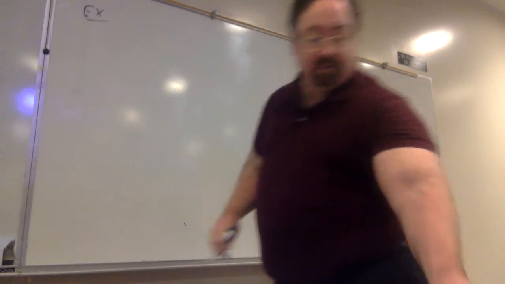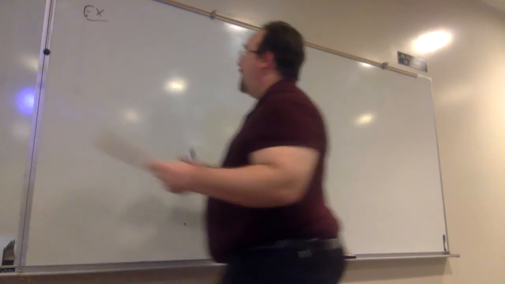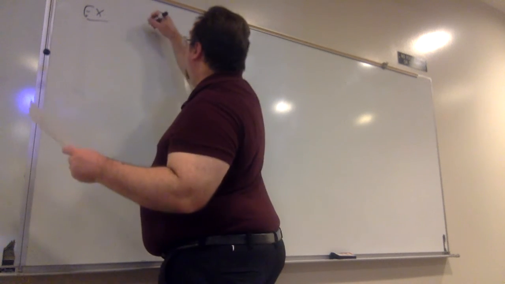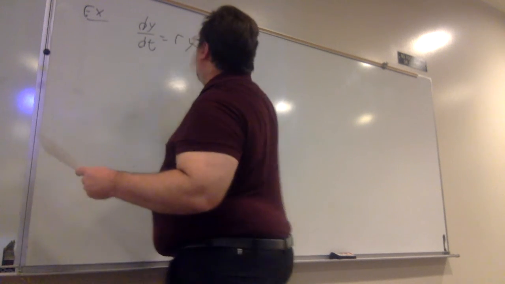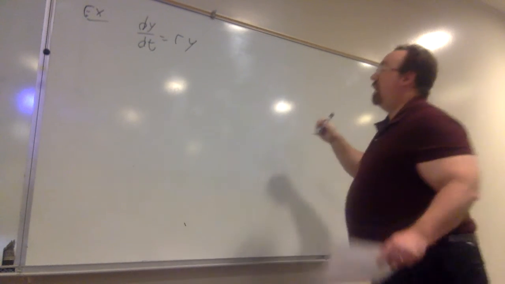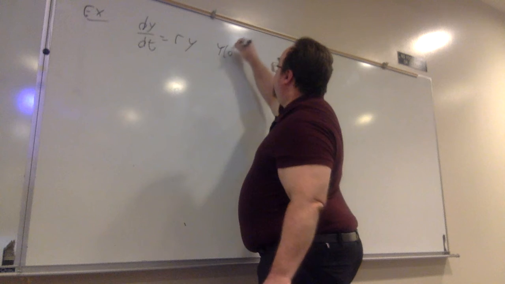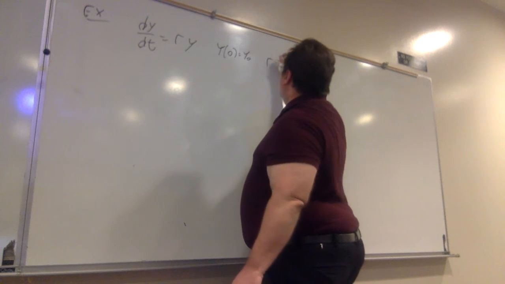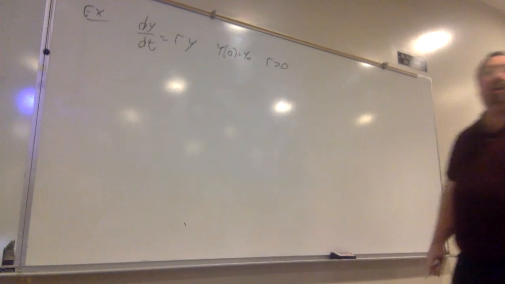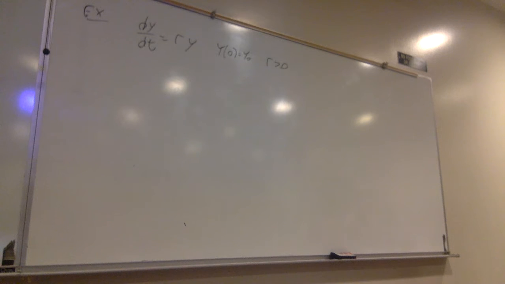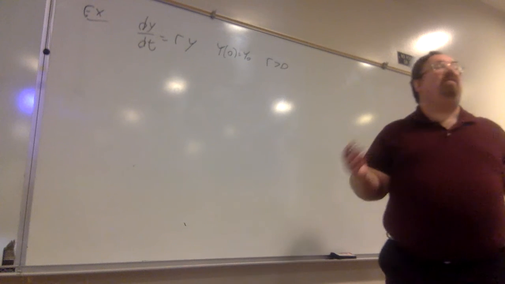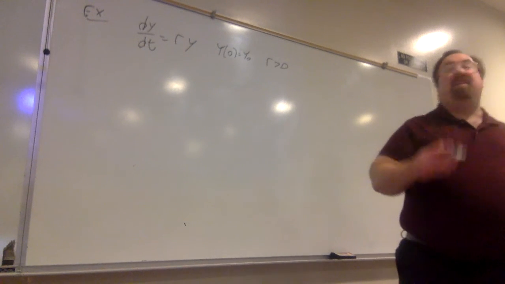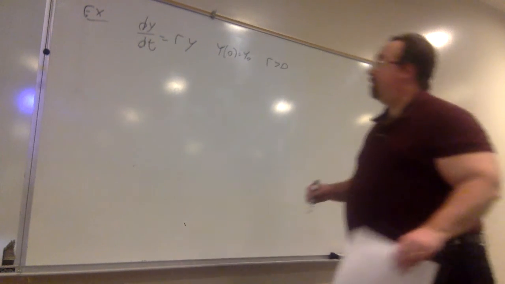Now, a very simple DE that we've seen before, for modeling, for instance, population growth, dy dt is equal to constant r times y, and then we have initial condition. And for this example, we're going to assume that the constant r is positive. Okay. Now, I have shown you how to solve this, the solution is exponential, but that's beside the point right now.